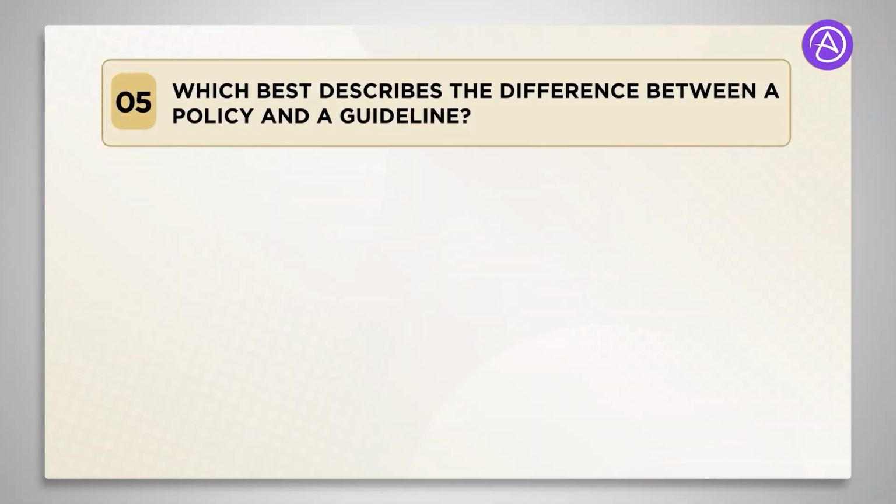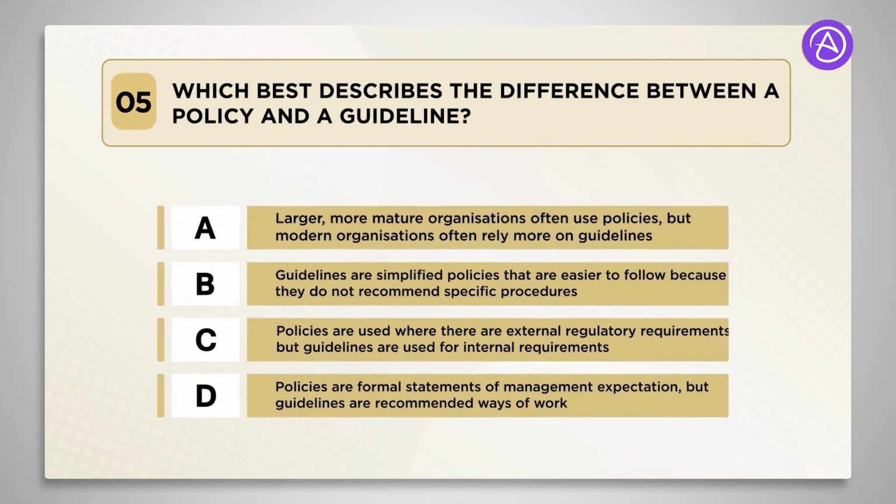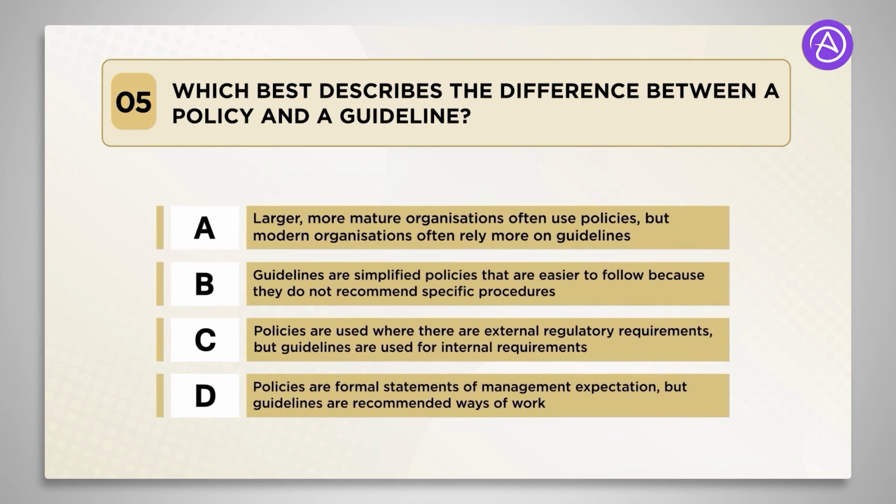Question: which best describes the difference between a policy and a guideline? Is it A, larger, more mature organisations often use policies, but modern organisations often rely more on guidelines?